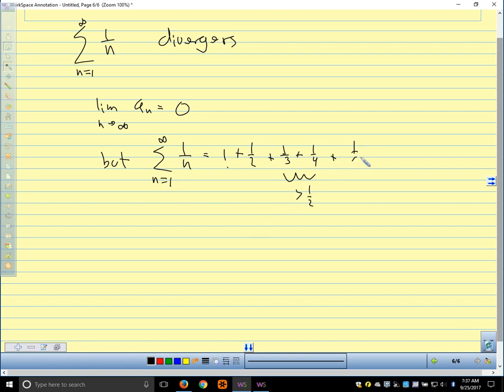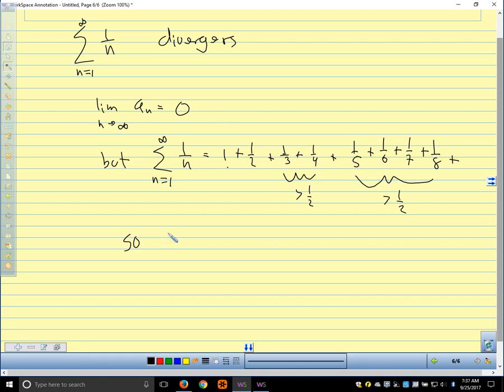Plus 1/5, plus 1/6, plus 1/7, plus 1/8. Those four terms are greater than 1/2. Plus, and I could group the next 8 terms together, and they would be greater than 1/2.